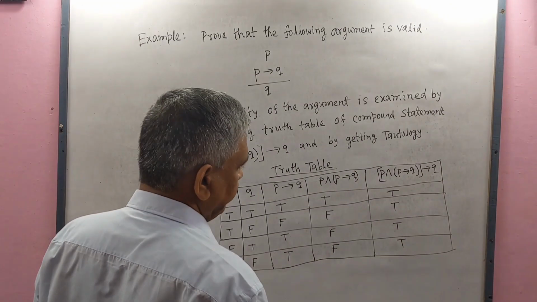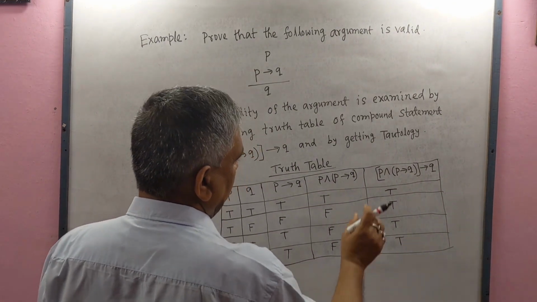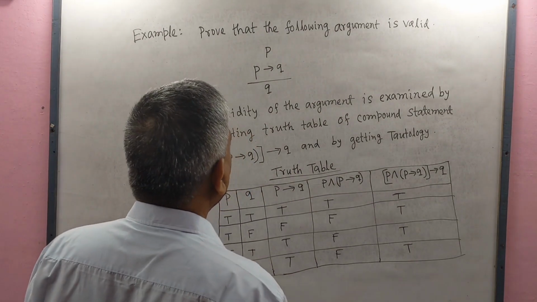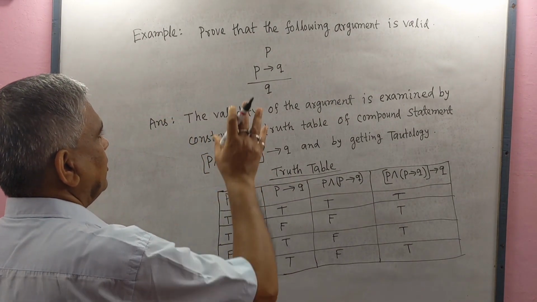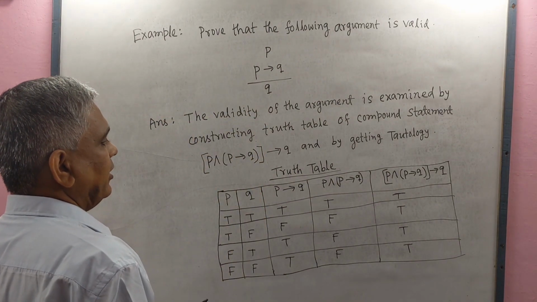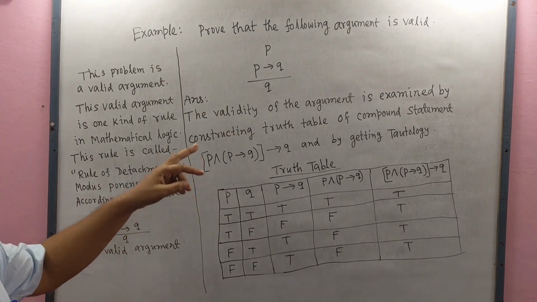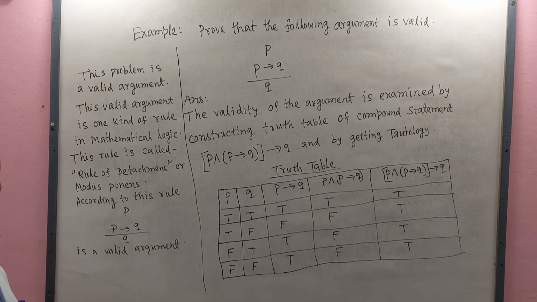The last column gives all truth values T. So it is a tautology, hence the given argument is a valid argument.